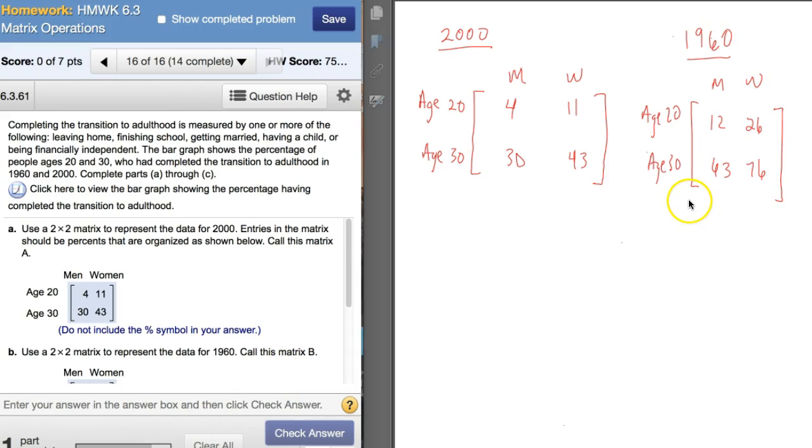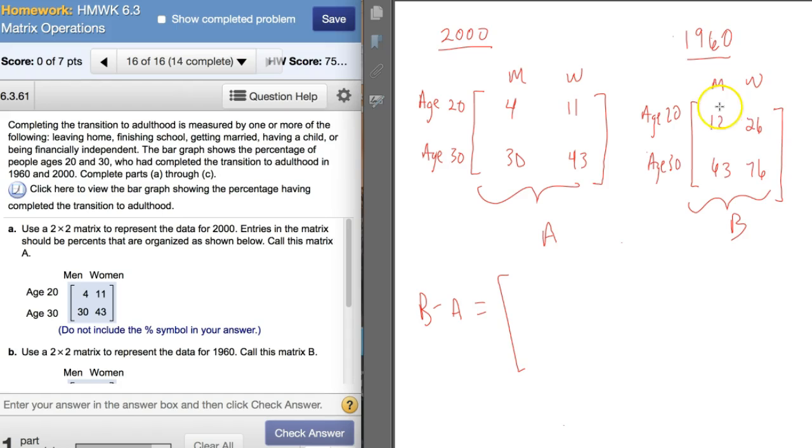All right, so here, this will be our corresponding matrix B. This will be our corresponding matrix A. So if we do B minus A, of course, that's going to be the difference between the number of men and women at these different ages that transition to adulthood. The difference between 1960 versus now in 2000.